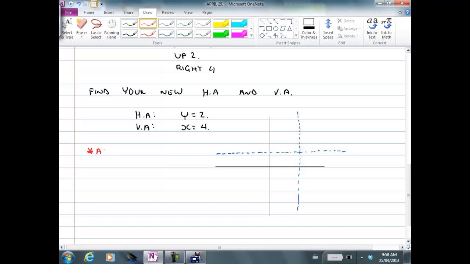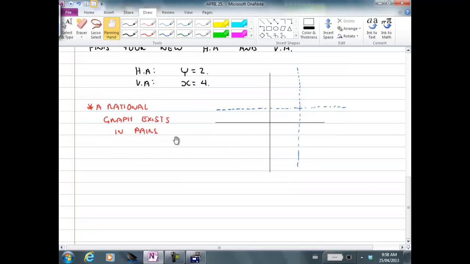A rational graph always exists in pairs. Okay? So what this means is this. I have two possible combinations. One, I can have a graph that goes from here all the way to here, and then here to here.